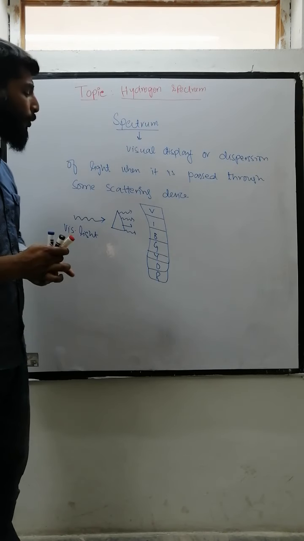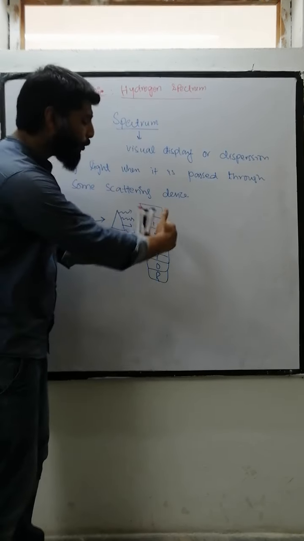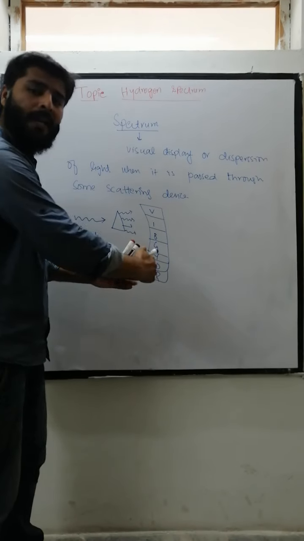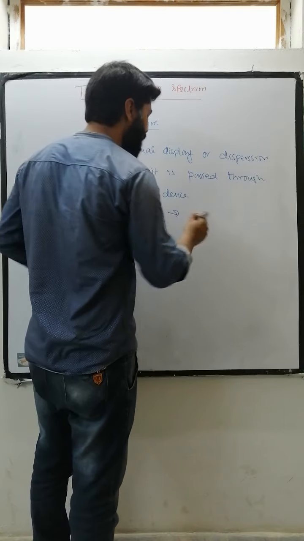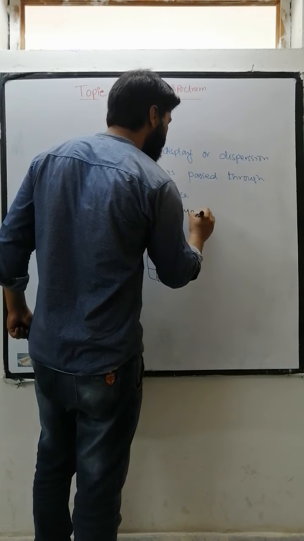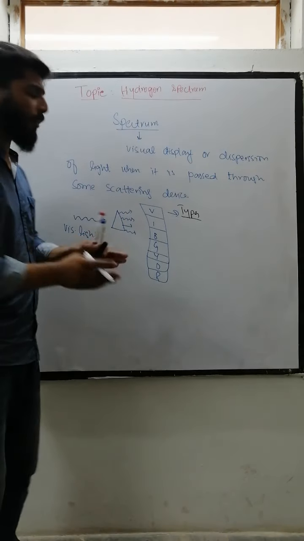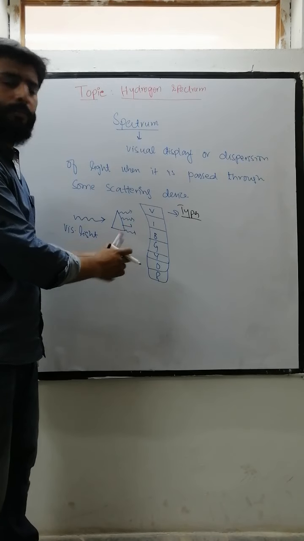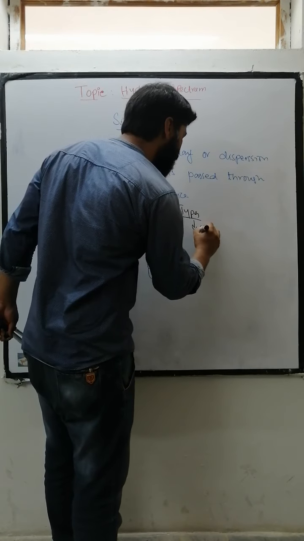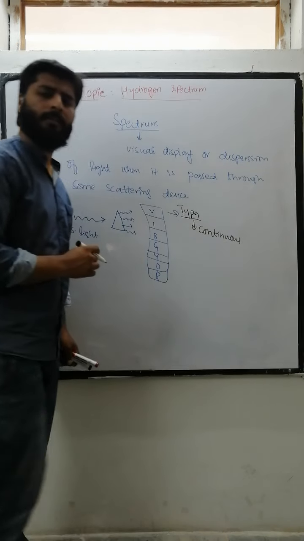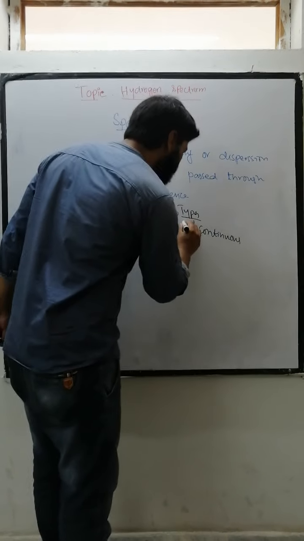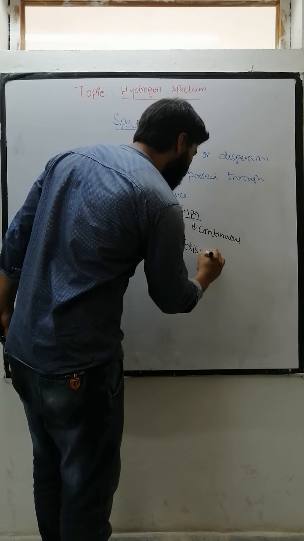Dear students, there are 2 types of spectrums. There are 2 types of this visual pattern. One is continuous and the other one is discontinuous.